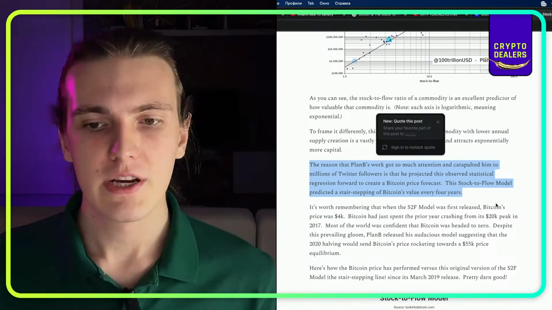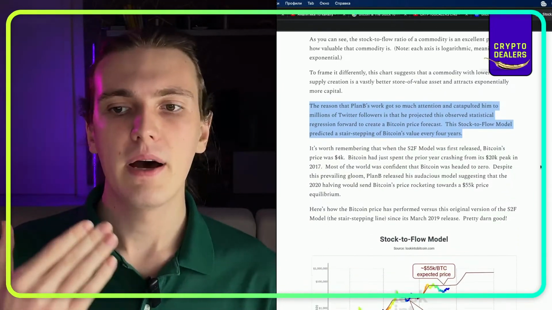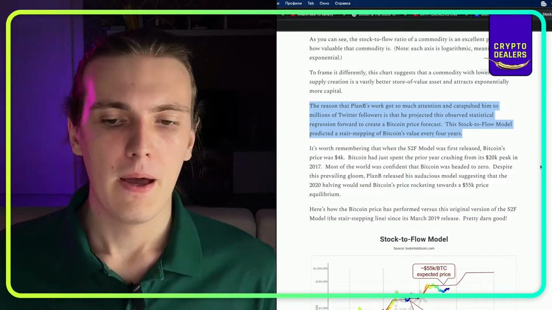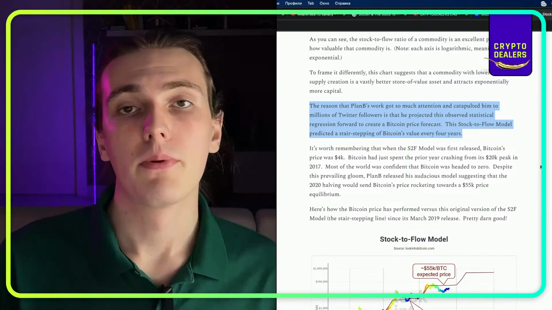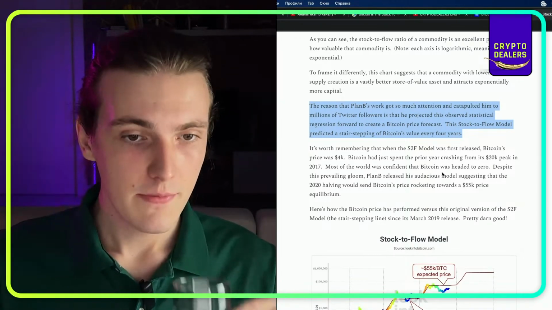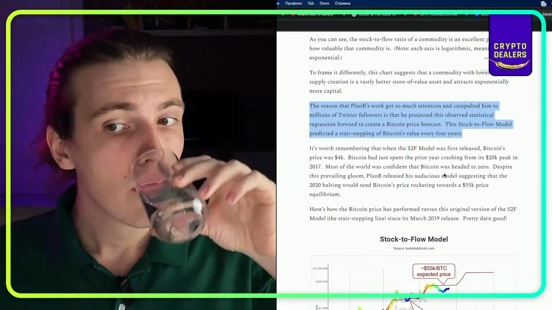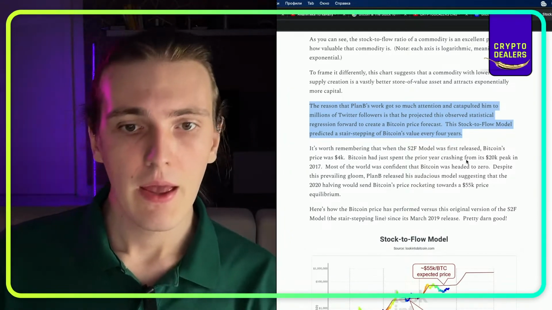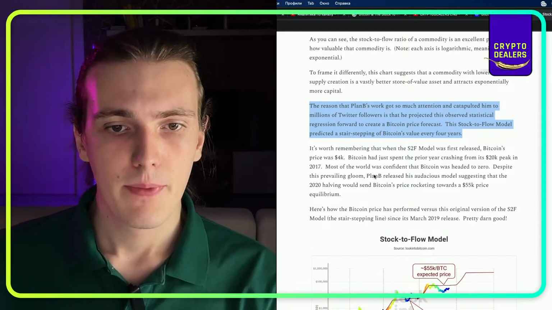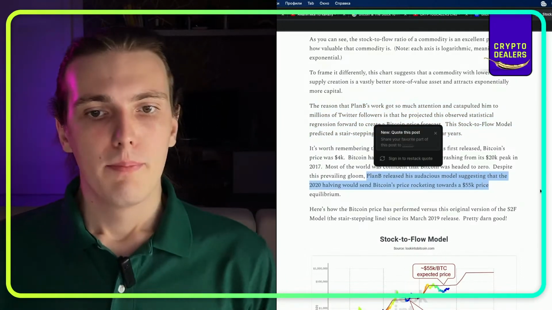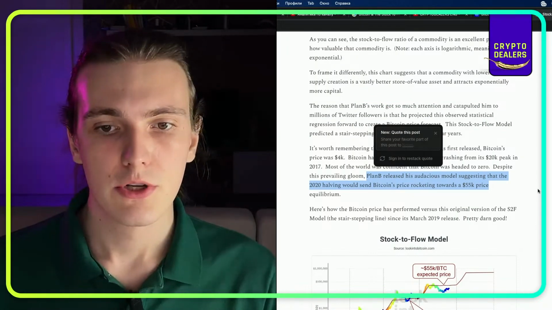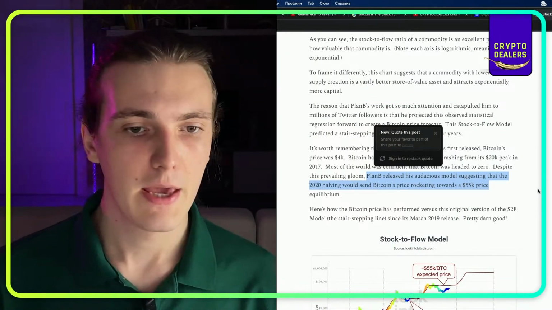And that was actually something that brought him attention, but at the same time, made this model unpopular today. Because what he did was next. He said that, over here, Plan B released his audacious model suggesting that the 2020 halving would send Bitcoin's price rocketing towards 55K.